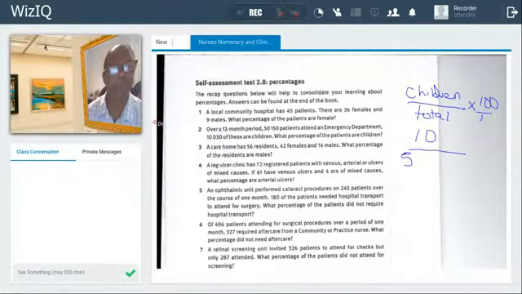Okay, so I put in the wrong number there. So it should be 10,030. Okay, and the total is 50,000. So that needs to be in line with that. So it's 50,000 and 150.